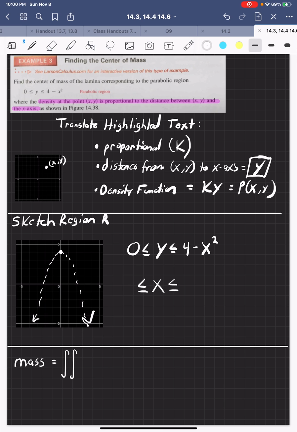Okay. And of course, it's going to be bounded from 0 to 4 minus x squared. So there's y equals 0, and this is y equals 4 minus x squared. So you can see the region here.